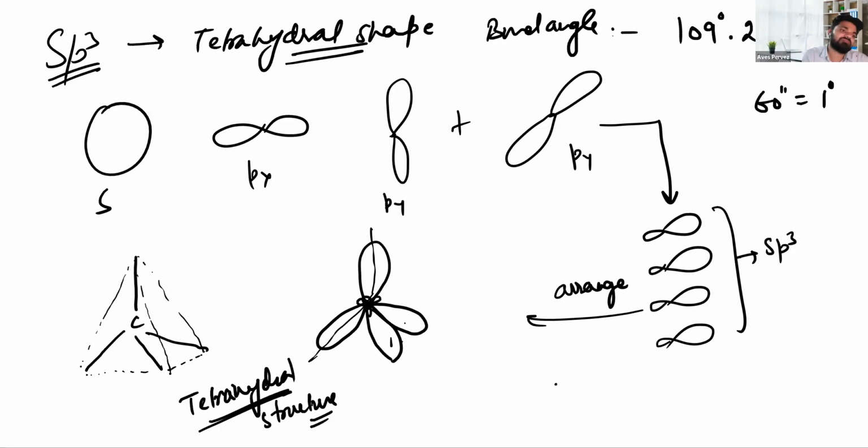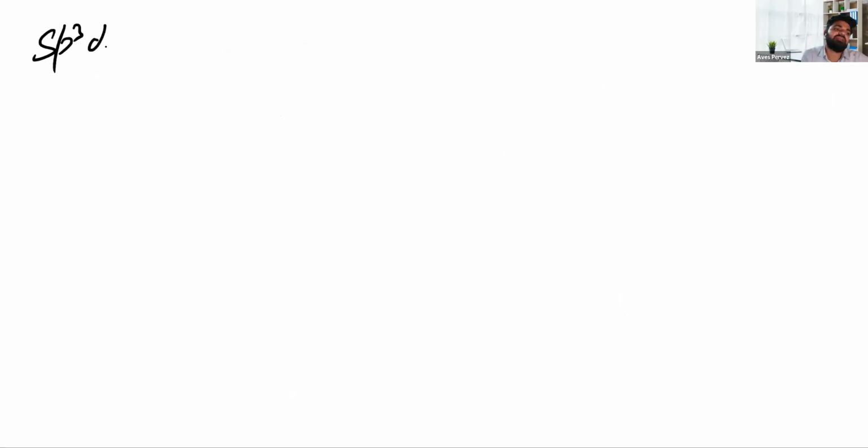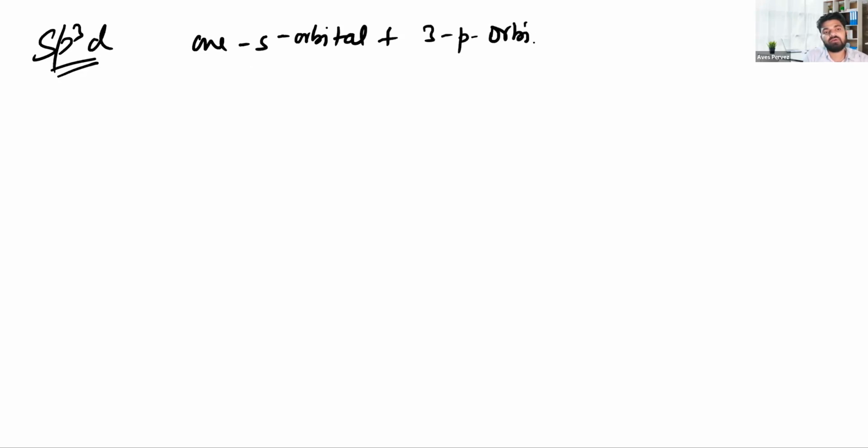Okay, now moving to the next one: if we have sp3d type of hybridization, then what should be the shape of the molecule? sp3d means 1 and 3 is 4, and 1 is 5, so there are 5 orbitals. Here one s orbital is mixing with 3 p orbitals and 1 d orbital.